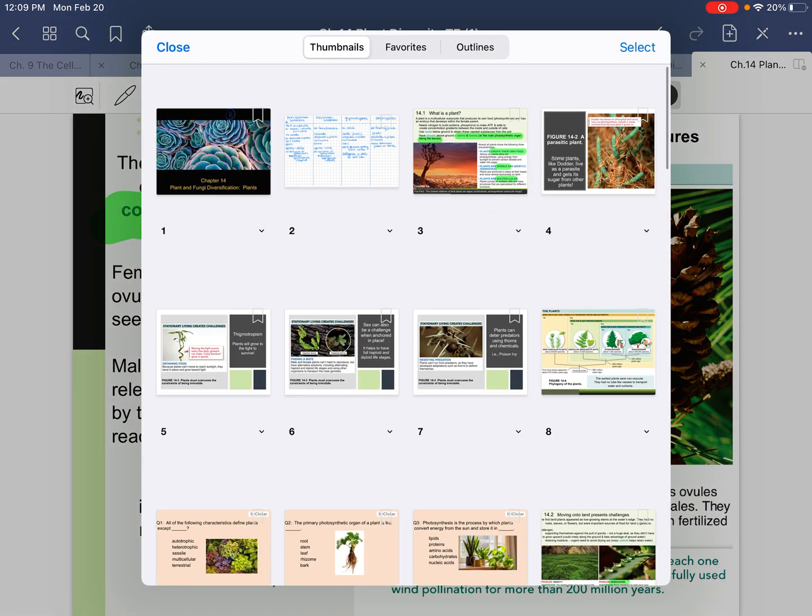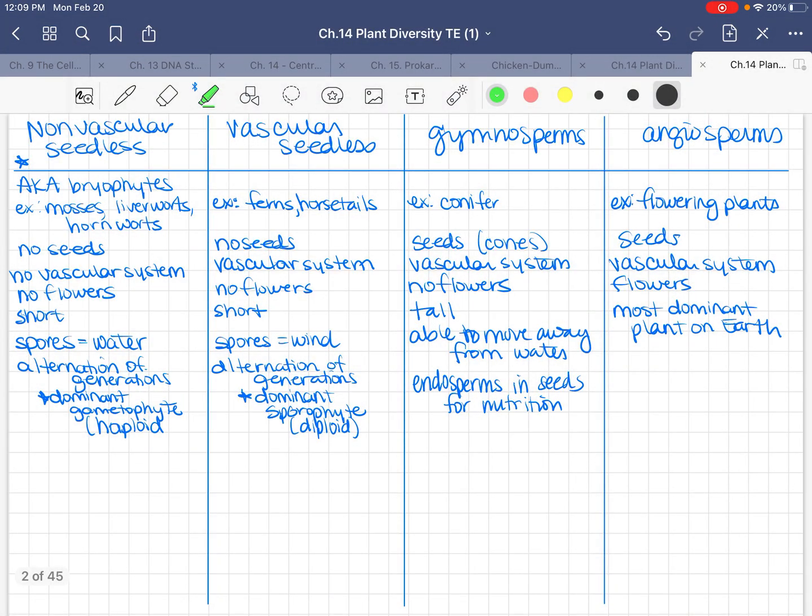Make sure you go back and study this table. Make sure you know this table backwards and forwards, because a lot of your questions are about this table, but in an indirect manner. So you can't just memorize that non-vascular seedless plants have spores that move by water without also paying attention to the methods of movement for the other ones.